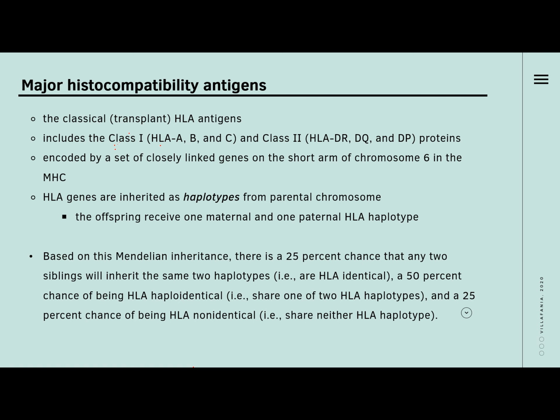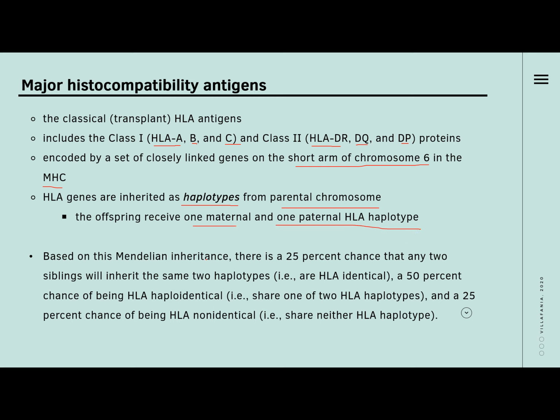Class 1 would include HLA-A, B, and C, while your class 2 would include HLA-DR, DQ, and DP proteins. Now, these are encoded by a set of closely linked genes on the short arm of chromosome 6 in the MHC region. HLA genes are inherited as haplotypes from parental chromosome. The offspring would receive one maternal and one paternal HLA haplotype.